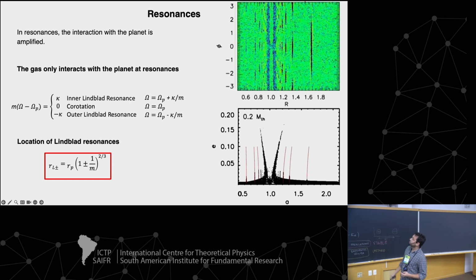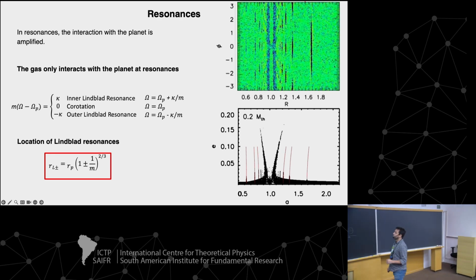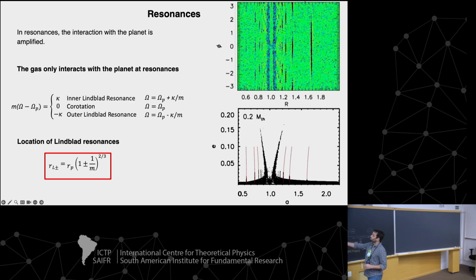The location of these resonances are calculated by this, right? So m here is an integer. Omega is the frequency at a given location in the disk, and omega p is the frequency of the planet.